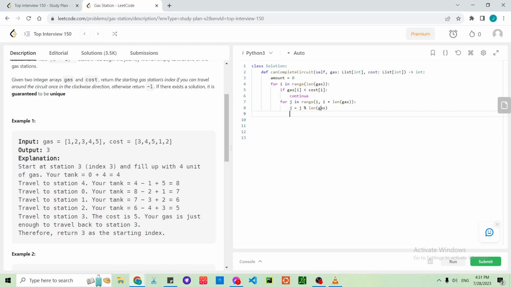So, okay, we are at 4. Amount is now 4. Oh, j. Minus cost. So that's what we have when we go.